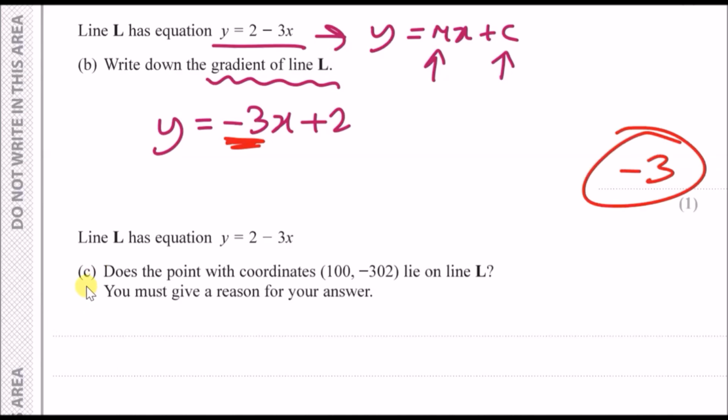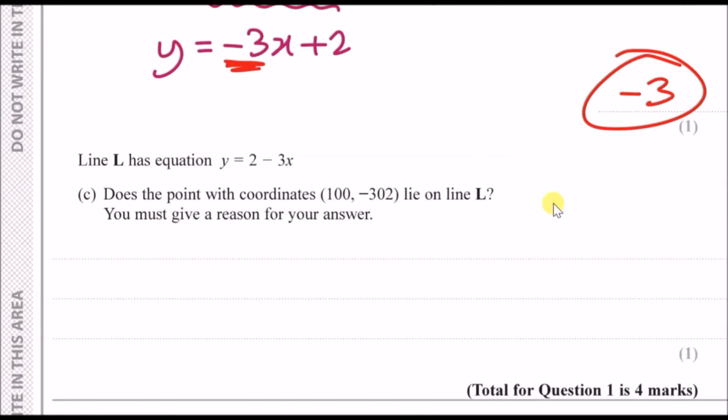Now for the second part, it says: does the point with coordinates (100, minus 302) lie on this line? Give a reason for your answer. To show that a certain coordinate lies on a certain line, you must be able to plug in this x value and it should output the same y value. In other words, if you plug in 100 here, you should get minus 302 here. Let's test that.